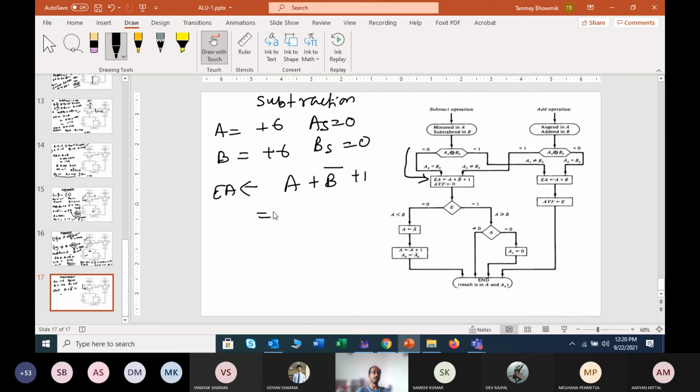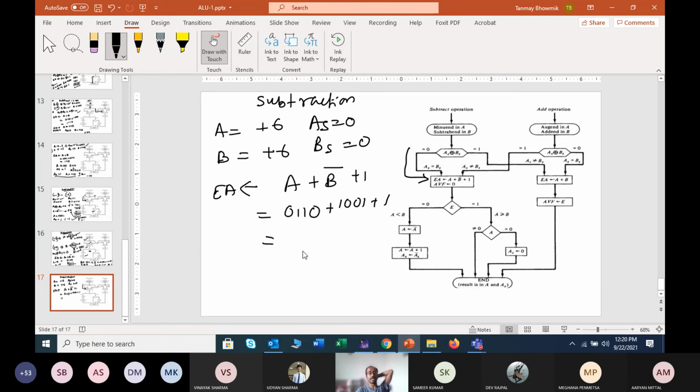So A is 0 1 1 0, B was 0 1 1 0. So B complement is 1 0 0 1 and along with it is 1.